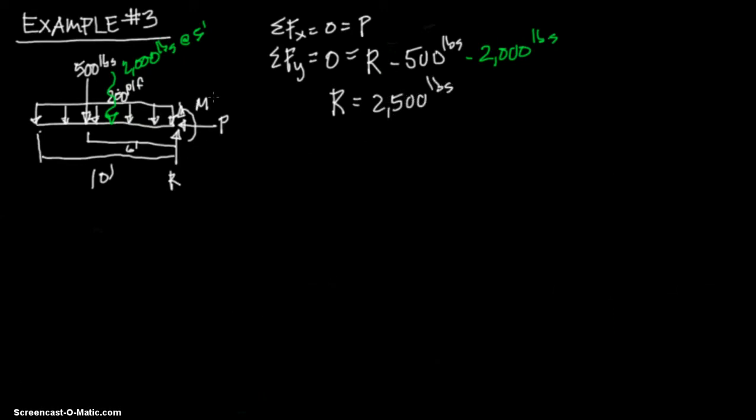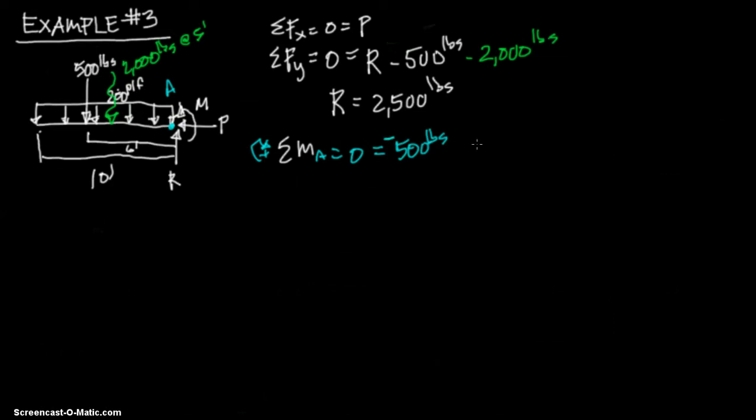So we've gotten R, now we have to get M, and you just want to do the sum of the moments about, let's call this point A. Sum of the moments about A, say that this is positive, equals 0. And let's go from left to right. You have 500 pounds, and that's going to be a negative moment.